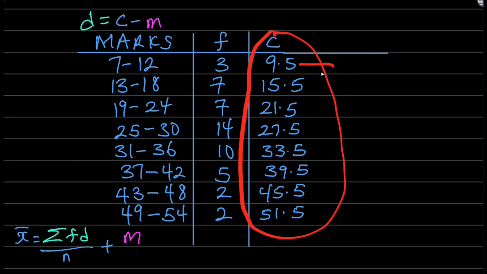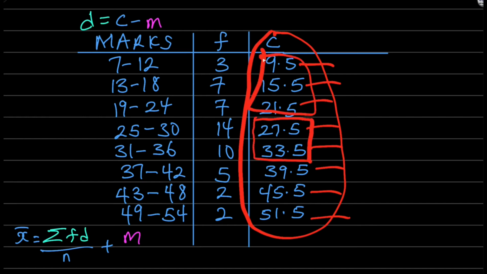We have 1 2 3 4 5 6 7 8, and since we have 8, that would mean that we have two center values. This and this would be the two center values, because right here we have 3 up, 3 down. So we only need one, but we have two center values.